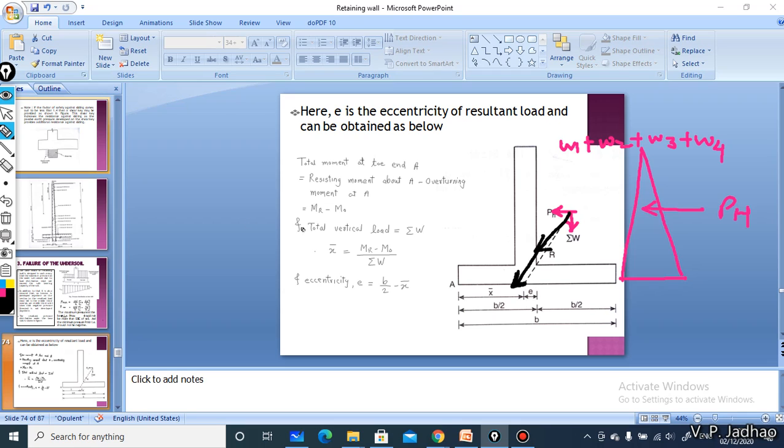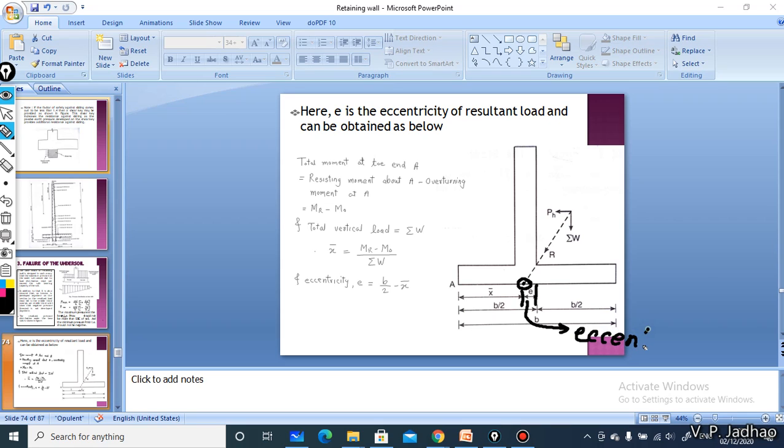Okay, now this resultant force will intersect the base here at some point. Let us consider it is intersecting here at some point. The distance of intersection of this resultant with the baseline from the face of your retaining wall is called eccentricity. The x bar distance is equal to the distance from this particular face of your retaining wall minus eccentricity.